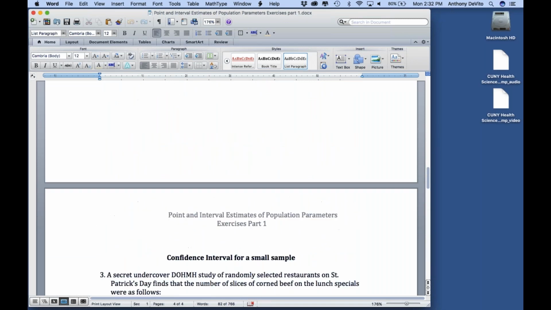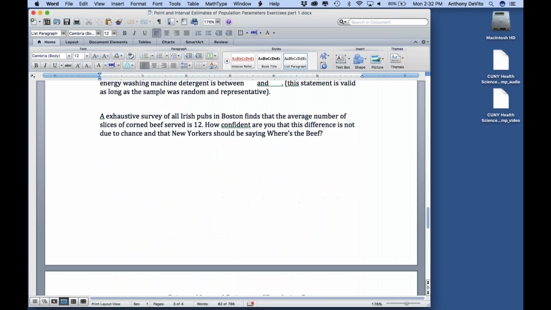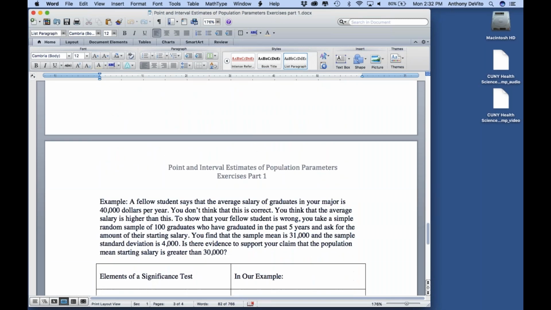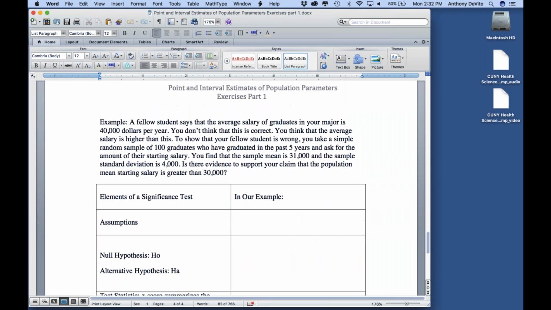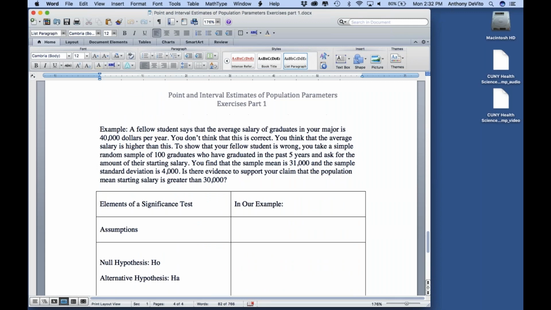Okay, we worked through the first 3 problems here during a previous session. So let's take a look at the 4th problem there.